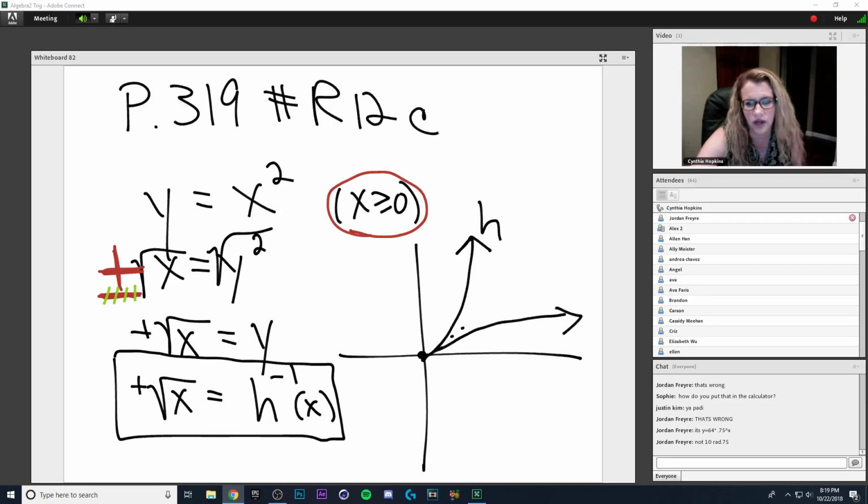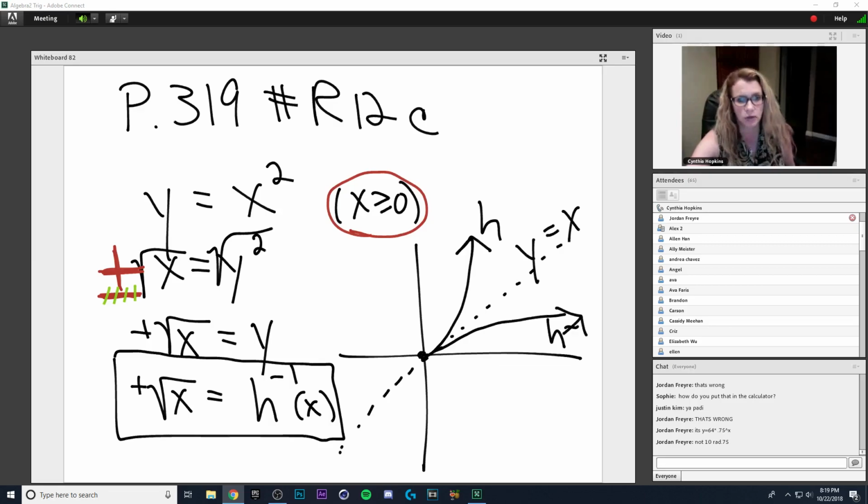And notice that that is a beautiful reflection over the line y equals x. So if nothing else from this GVL, you guys should be experts at realizing that when you draw a graph of a function and its inverse, they better be reflections of each other over that line y equals x.